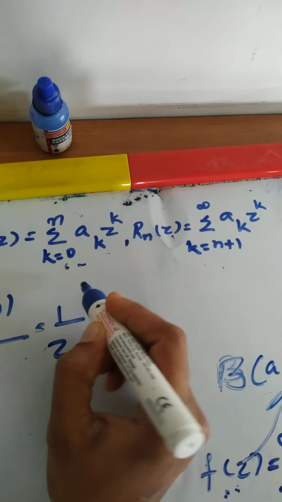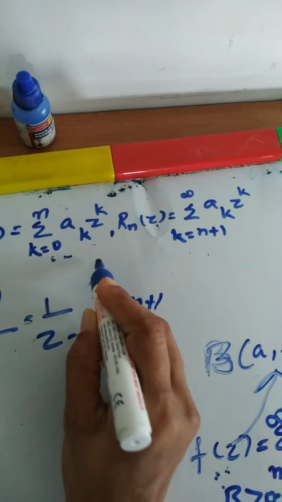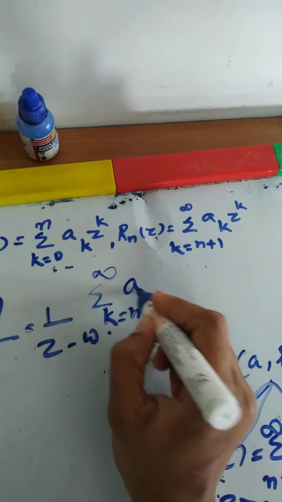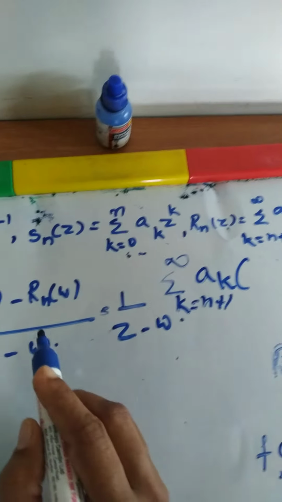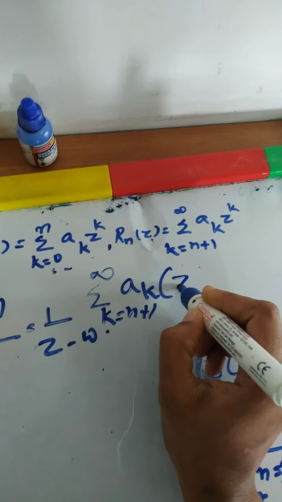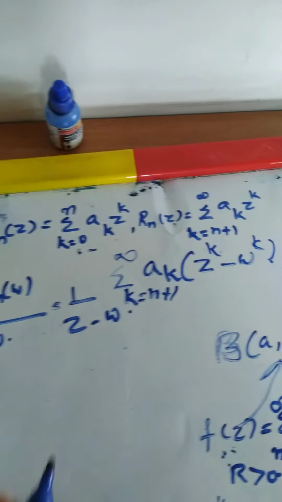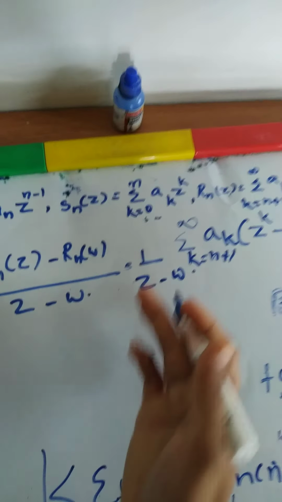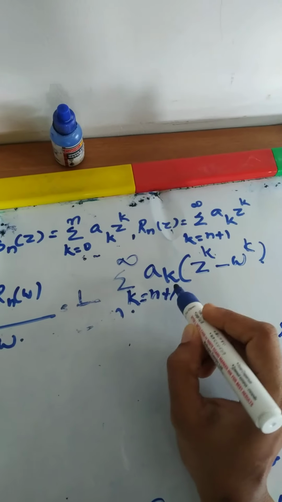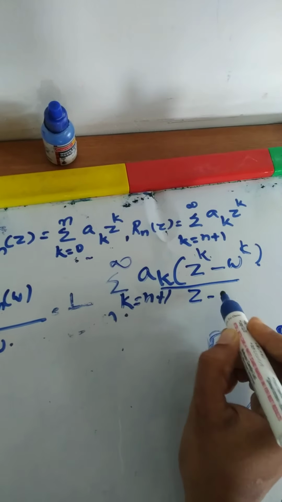So you just combine: summation k equal to n plus 1 to infinity, and the common term is ak, times z raised to k minus w raised to k. You can take this 1 by z minus w into the interior of the summation.